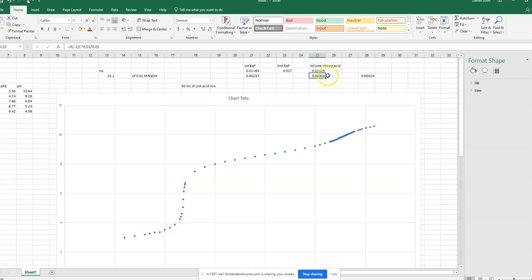All right. So okay, so they used 0.02805.